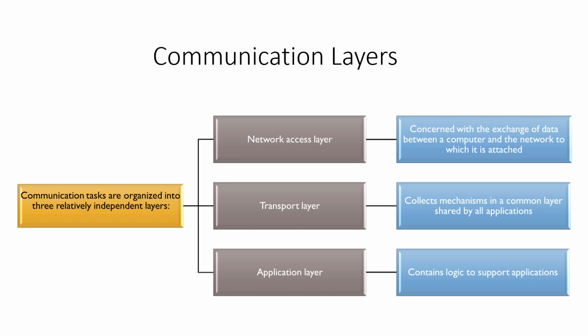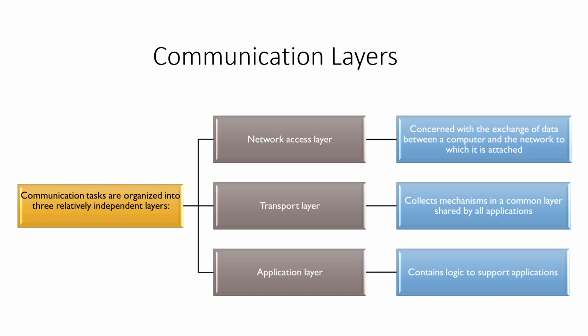Because data communications involve applications, computers, and networks, it makes sense to organize communications into three independent layers: the network access layer, transport layer, and application layer. The network access layer deals with the exchange of data between a computer and the network.